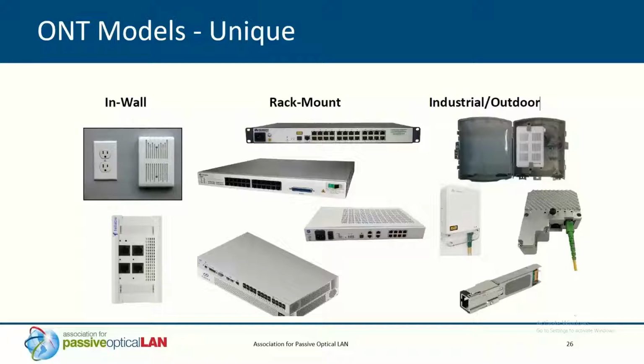If you've got a data center or a lot of connectivity requirements in an MDF, for instance, and industrial and outdoor. So as most of you know, in the carrier world where this stuff originated, outdoor ONTs on the side of the houses were very common. And there are still places where that makes sense in enterprise installs, especially some of the new smaller form factors like you see there on the middle bottom right, which we'll talk about a little more.